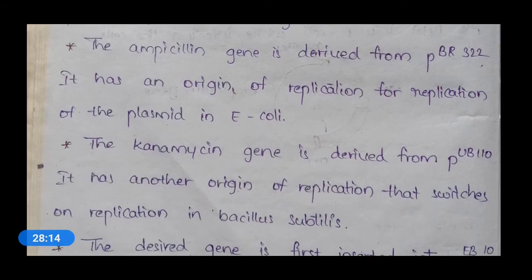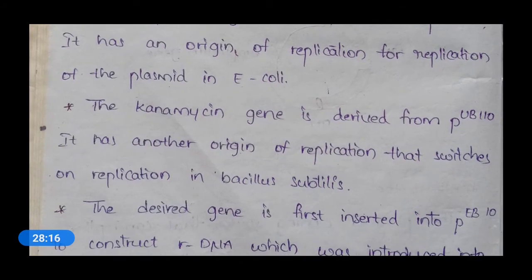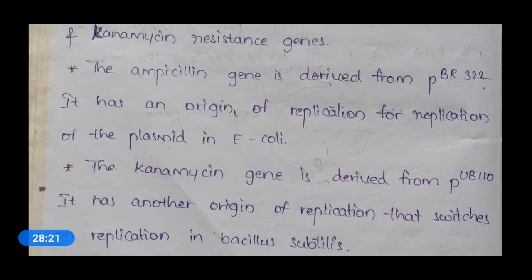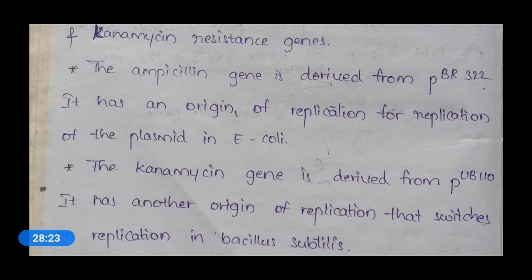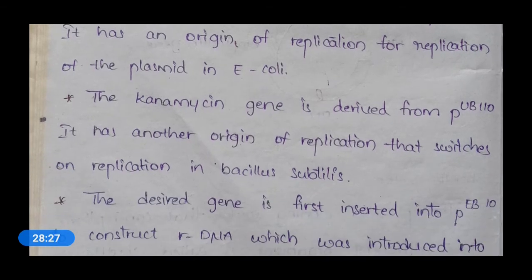The kanamycin gene is derived from pUB110. And it has another origin of replication that switches on replication in Bacillus subtilis.